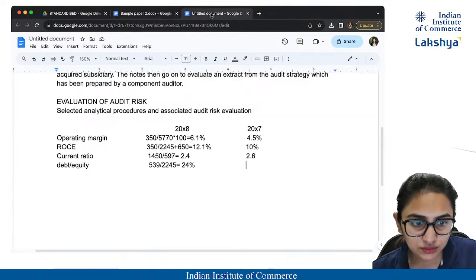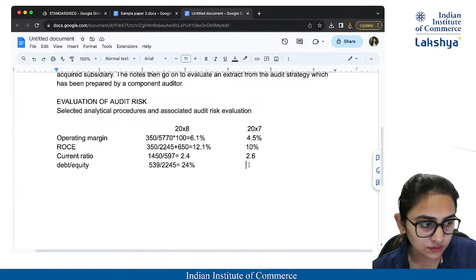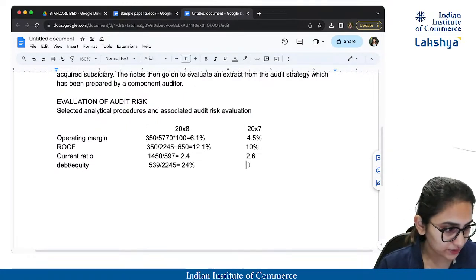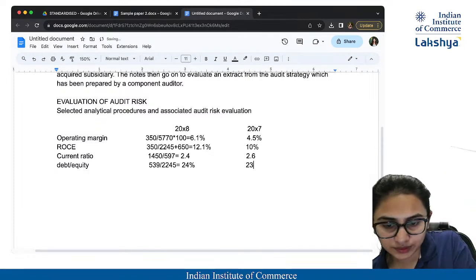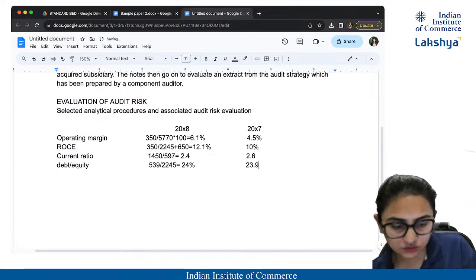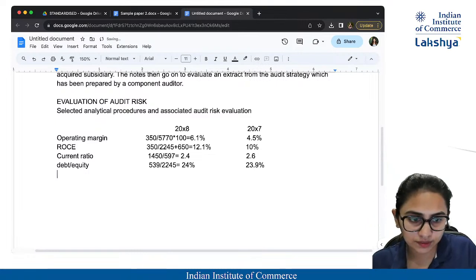So 500 divided by 2093 will give you 23.9. So it has not changed much.